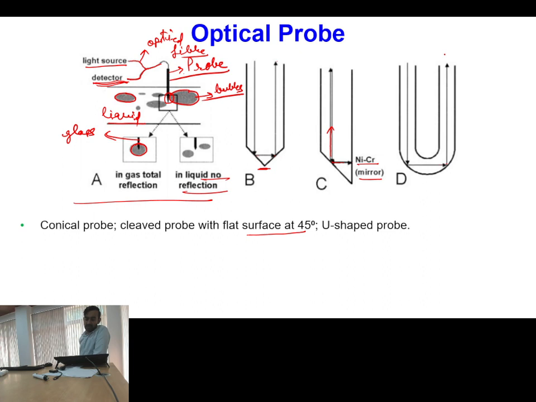So in this case, if the size of your probe is significant, then ultimately the presence of the probe will change the flow field locally, and it may relate to changes in your flow patterns. Okay, so that's why the size of the probe has to be selected so small that it does not make significant changes on the flow field.